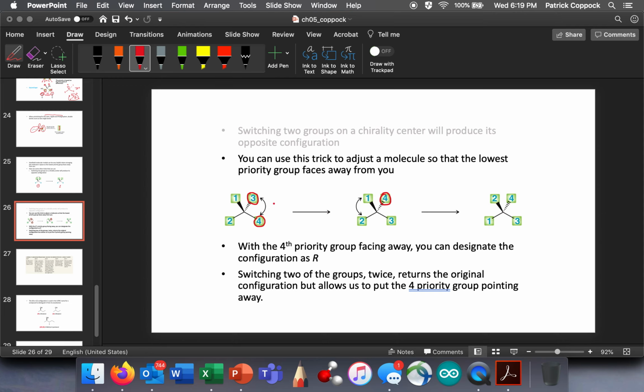So I switch it once, and if this was an S, it goes to an R, and one more switch takes it back to an S. If it was an R, then one switch makes it an S, and a second switch takes it back to R. So switching two of the groups twice returns the original configuration, but it allows us to put 4 in the pointing away position.